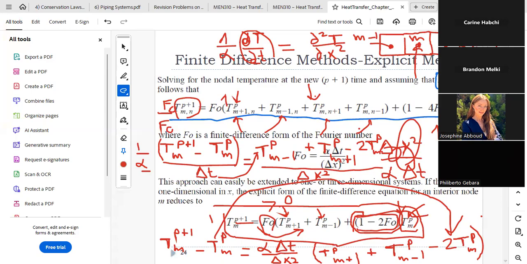And if we replace Fourier by its expression, so 1 minus alpha delta t times 2 over delta x squared should be positive. So this will give us a certain limit for delta t. So I can say that 2 alpha delta t over delta x squared should be smaller than 1.